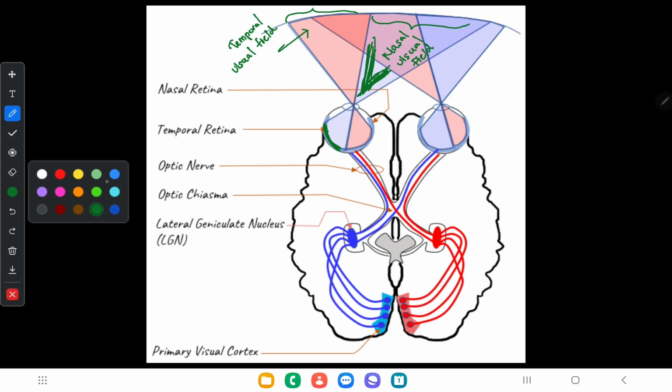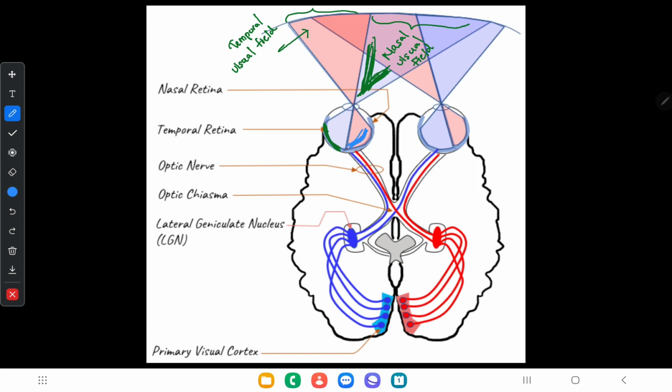Then this part is the nasal hemiretina. This nasal hemiretina receives visual image input from the temporal visual field.